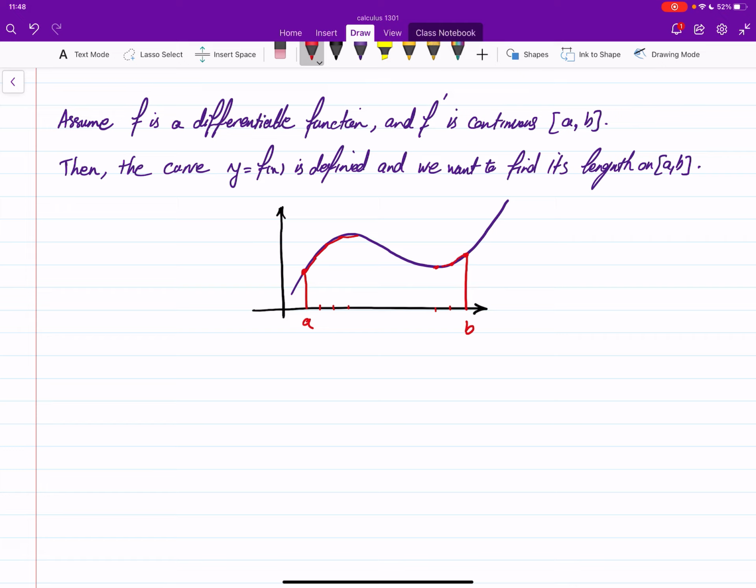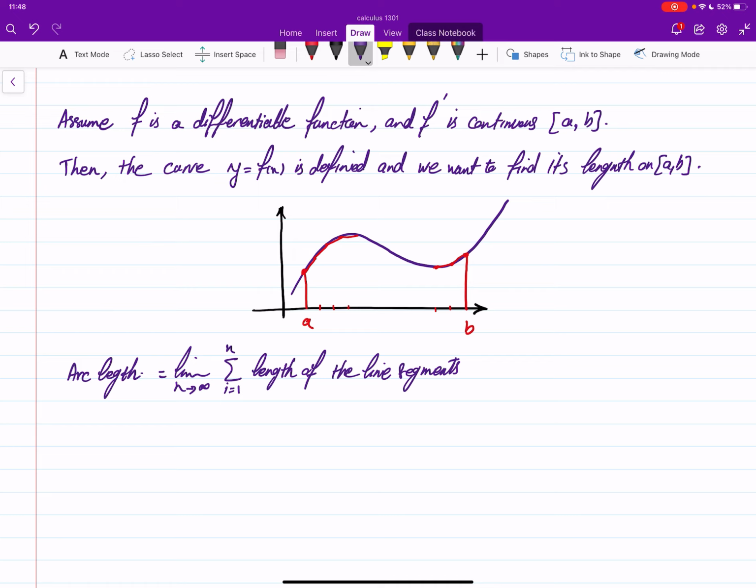If we add the lengths of these n line segments, and then make the subintervals smaller and smaller, in other words increase the number of them, this should give us the arc length that we are looking for.